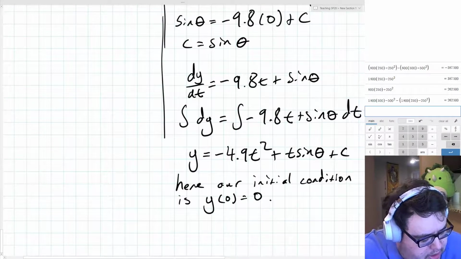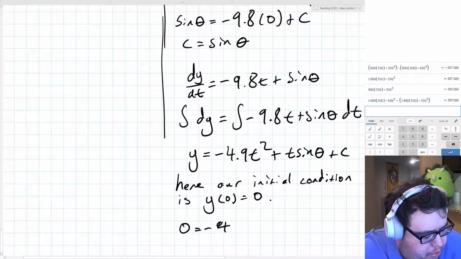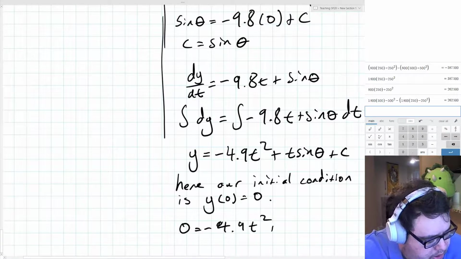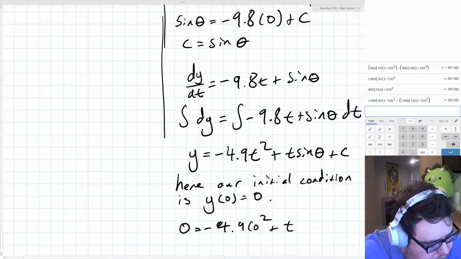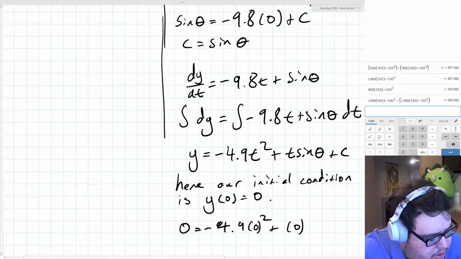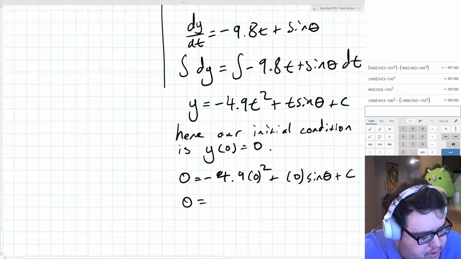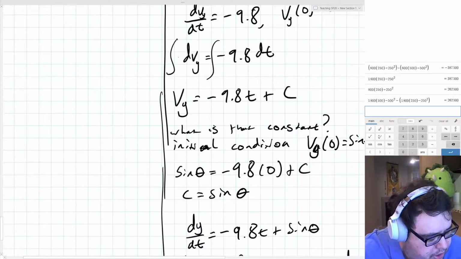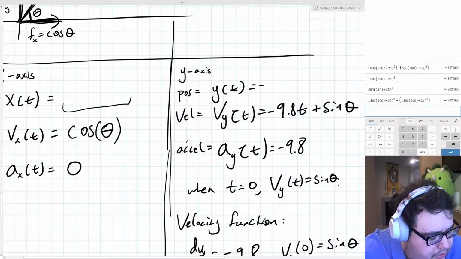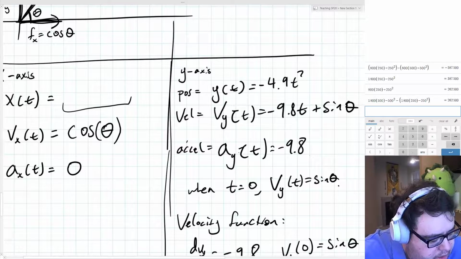So we get that 0 is equal to negative 4.9 times 0 squared plus 0 sine theta plus c. And this tells us that 0 is equal to this c. So our position function here is negative 4.9 t squared plus t sine theta.